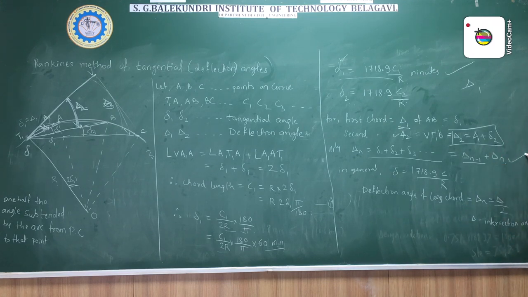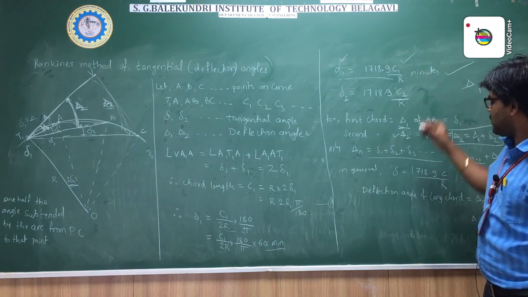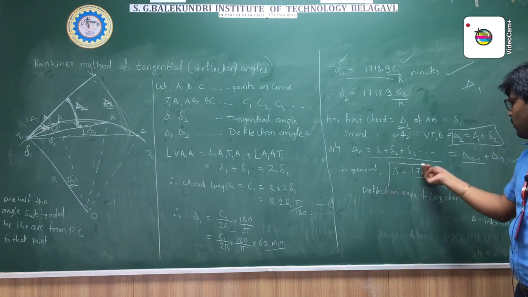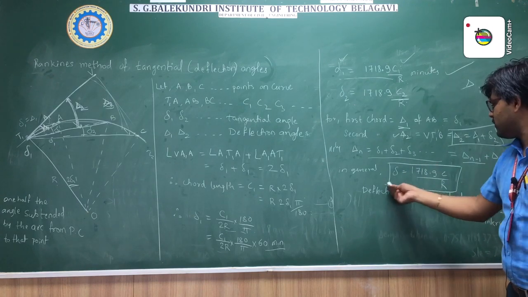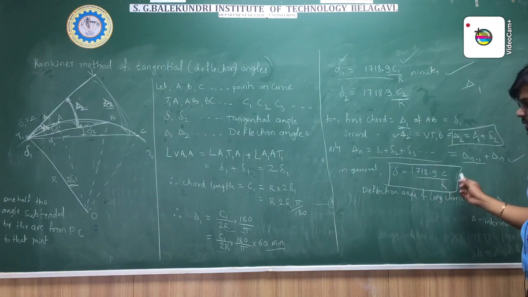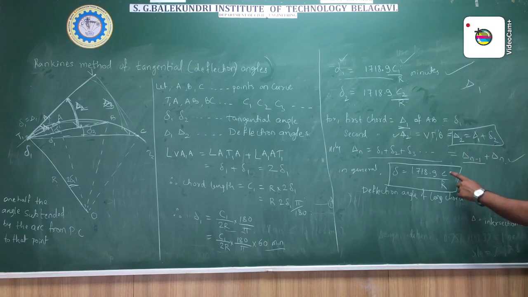In general we can follow this expression, 1718.9 into C divided by R. This is a common expression where you can replace the chord values and radius values.